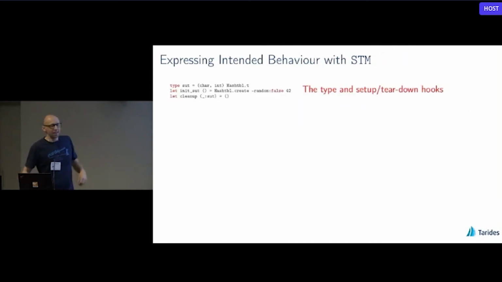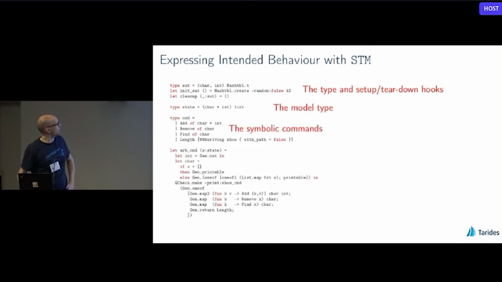All right, so this requires some more code, some more boilerplate. So I'll just briefly walk you through what's required. Again, a description of the type of the system that we're testing, how to set it up, how to tear it down, and the type of the model that models the internal state.